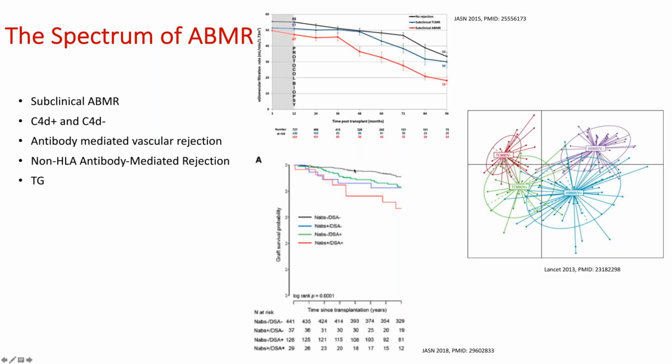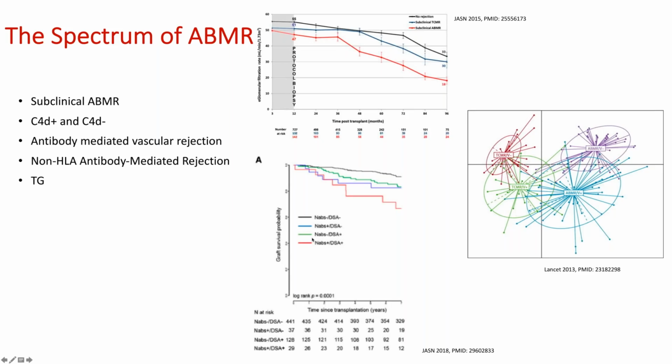The black one is no DSA. By DSA, I mean the classical anti-HLA antibodies. So no anti-HLA antibodies and no naturally occurring antibodies, and they do well. The green line is DSA positive. And the red line, which has the worst graft survival, has both naturally occurring antibodies and the classical anti-HLA antibodies. So what does it mean?